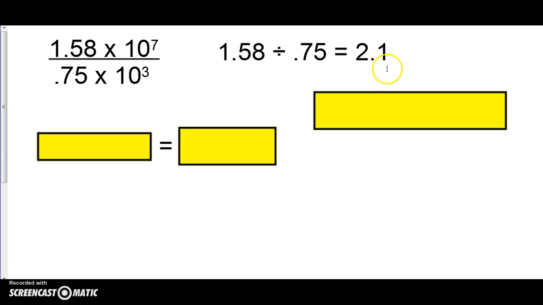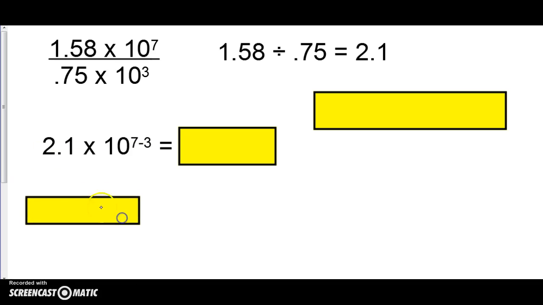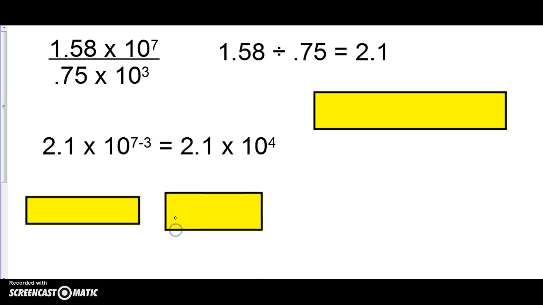Then remember, when you divide exponential numbers, you subtract the exponents. So it was 2.1 times 10, and then 7 minus 3 is 4, so you had 2.1 times 10 to the 4th. As a summary, you first divide the first factors, then you divide the exponential numbers by subtracting the exponents.